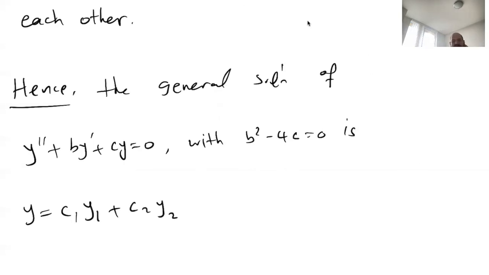Remember, we said before that if you have two linearly independent solutions for our second order differential equation, then the general solution can be written as c1 y1 plus c2 y2, a linear combination of y1 and y2.